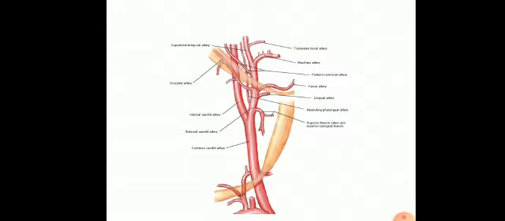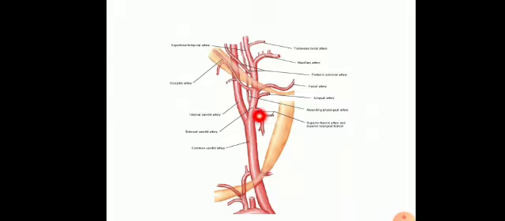The anterior branch includes three arteries, in order from proximal to distal: superior thyroid artery, lingual artery, and facial artery. These are the three anterior branches.